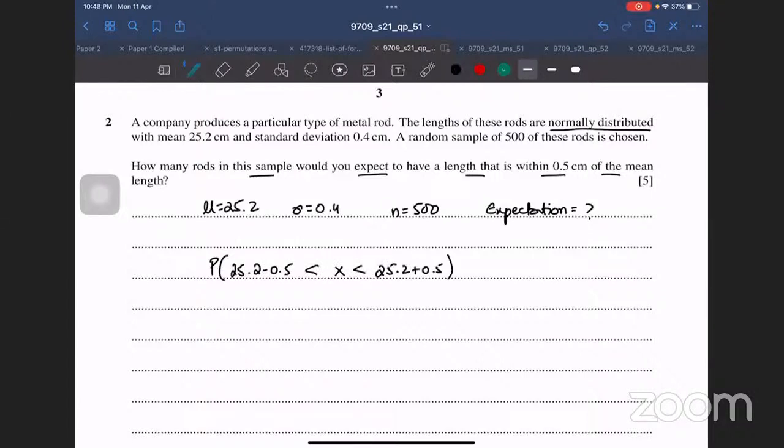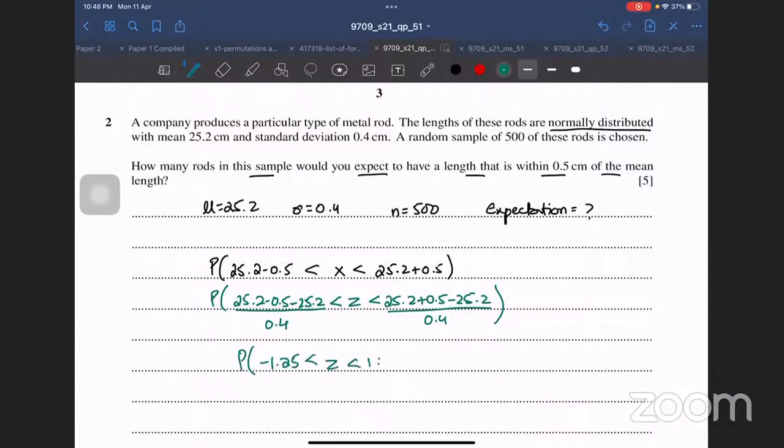If I standardize this, convert it into a z value, I get 25.2 minus 0.5 minus 25.2 divided by 0.4, and 25.2 plus 0.5 minus 25.2 over 0.4. I get minus 1.25 and 1.25.